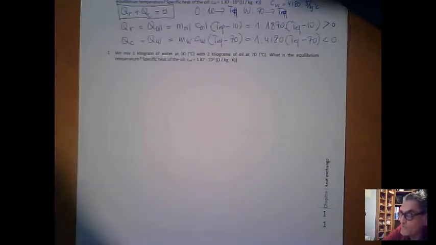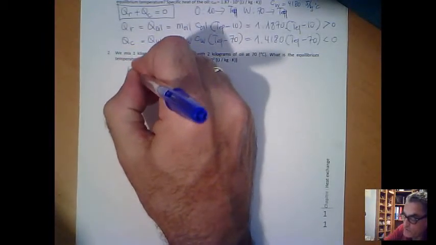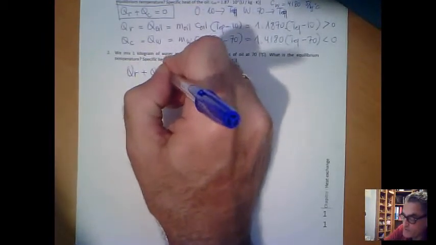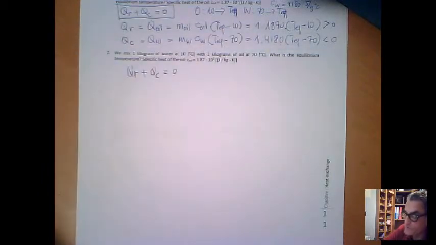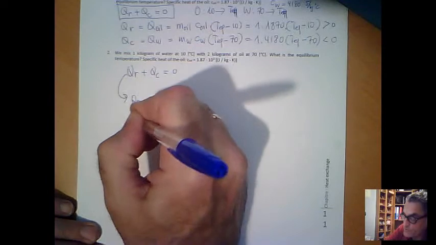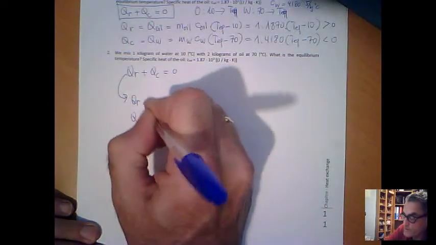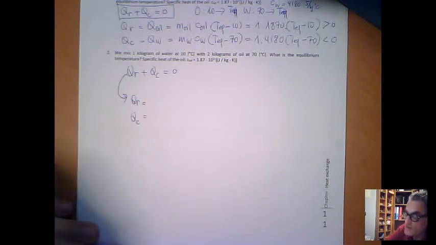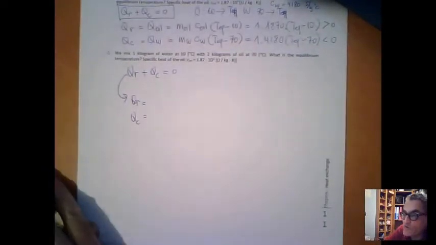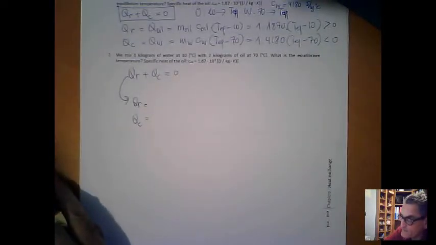Compute and then we will discuss. You start with the equation Q received plus Q ceded is equal to 0. You are going to write what your Q received is, what your Q ceded is, and then you put them in the equation and you solve for TF. I'll let you do that.